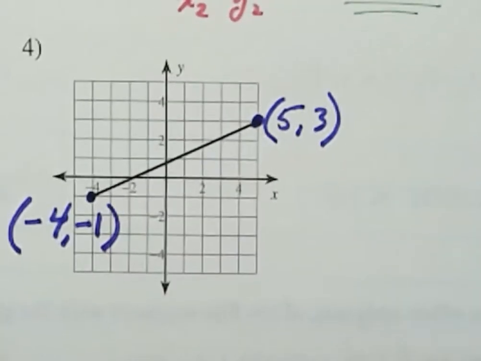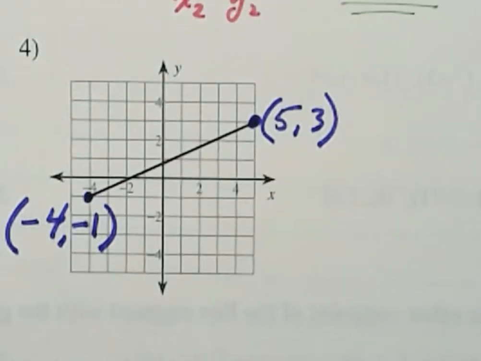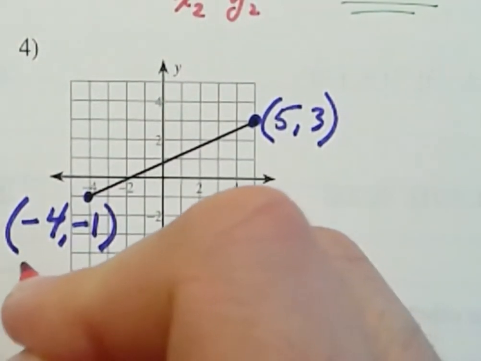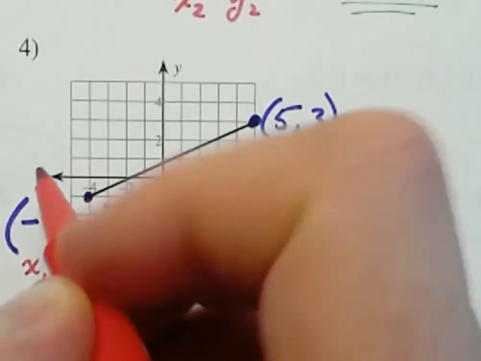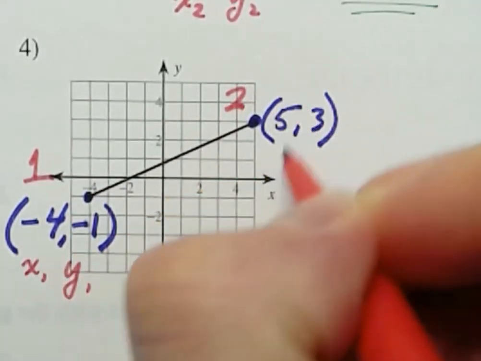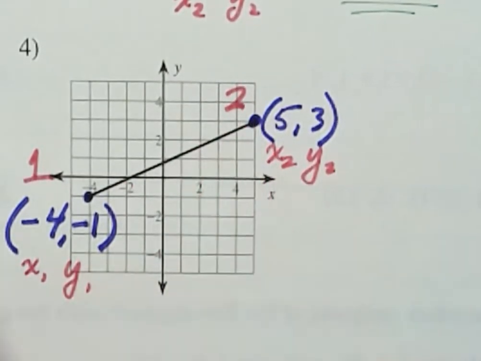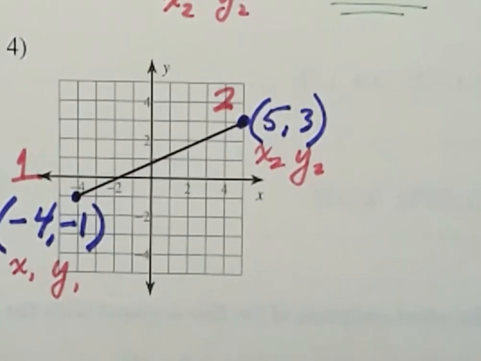Okay? So it really doesn't matter if you choose this as (x1, y1), which means I'm choosing this as point 1 and this is point 2, and this becomes (x2, y2). It doesn't matter if you choose this as point 1 or this as point 2, the math will turn out the same way. So you can do this either direction and it'll give you the same answer.